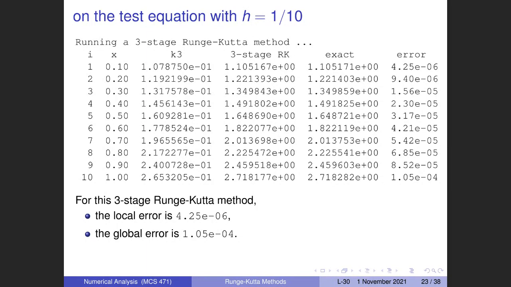With step size 1/10 we expect 10 to the power minus 4, which is good. For the global error we expected 10 to the minus 3, and we see 10 to the minus 4. Very good, actually.